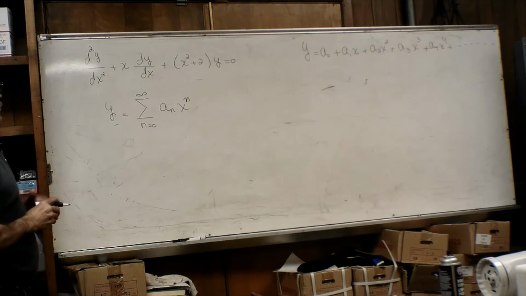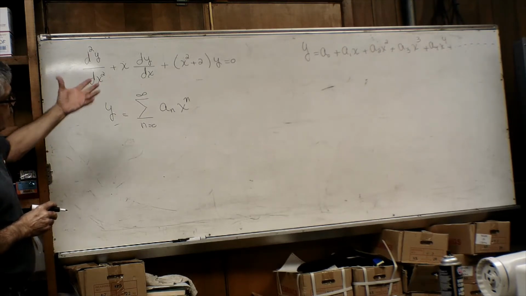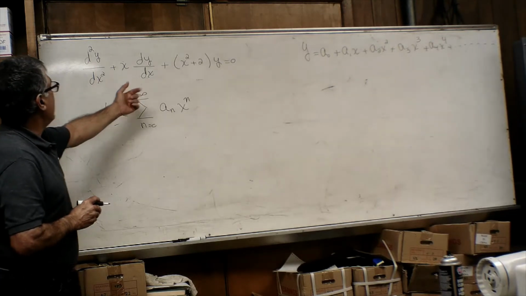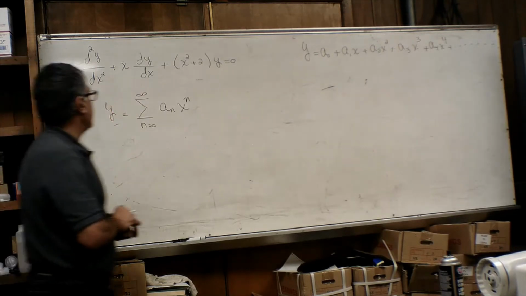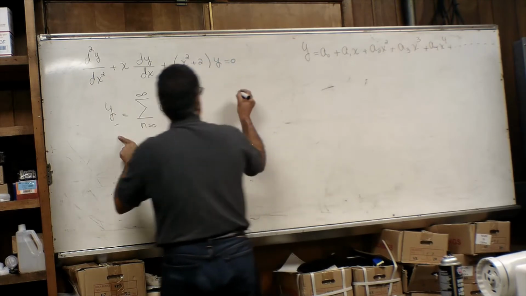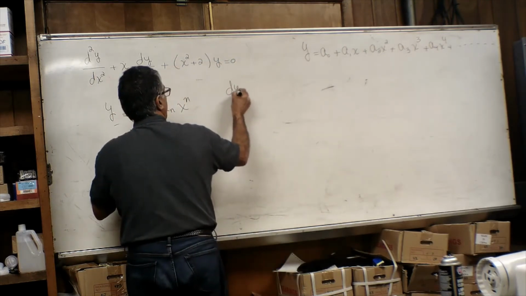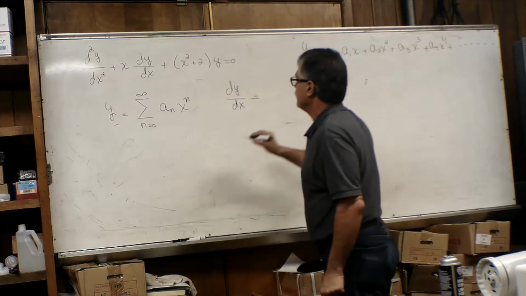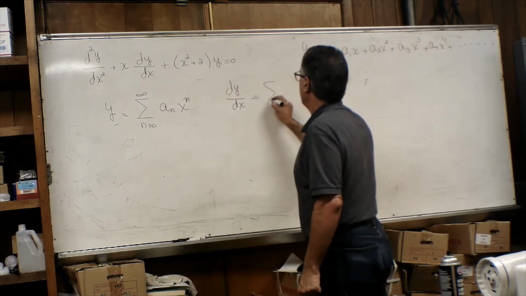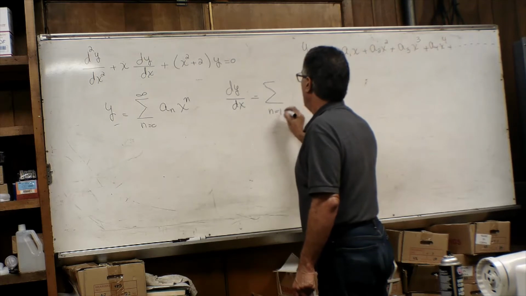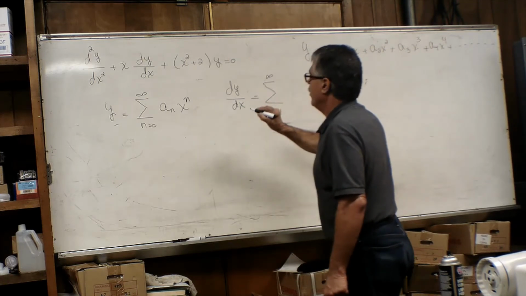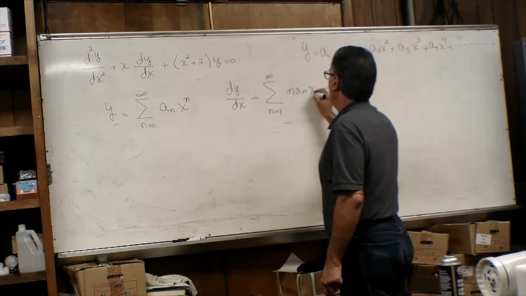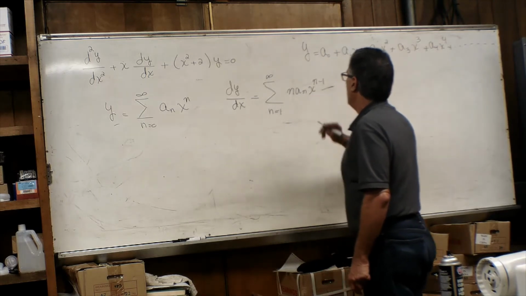So if this is the solution to this differential equation, let's find the first and the second derivative of that. The first derivative can be written as dy over dx is equal to summation from n from 1 to infinity of n a n x to power n minus 1.